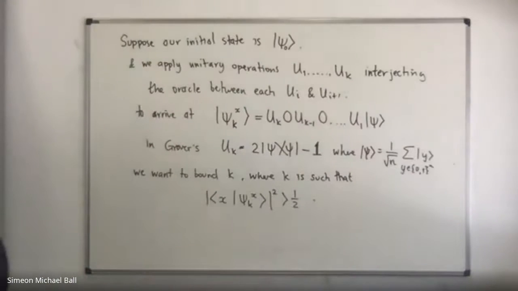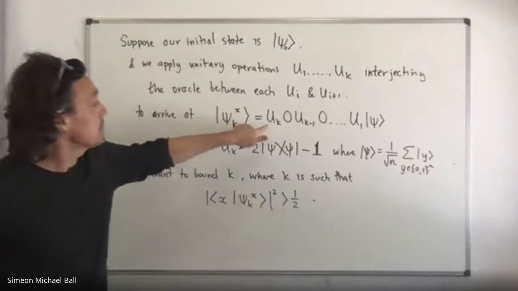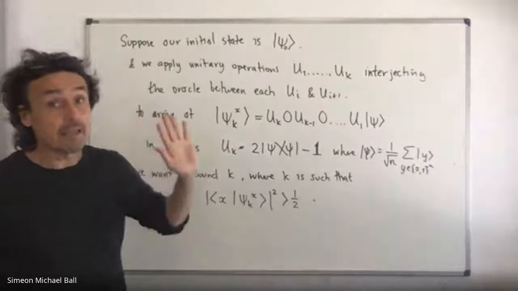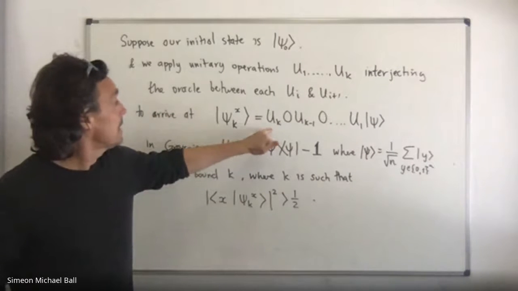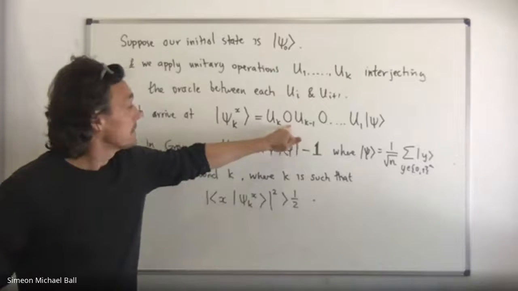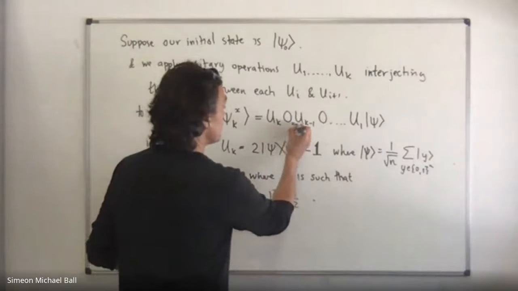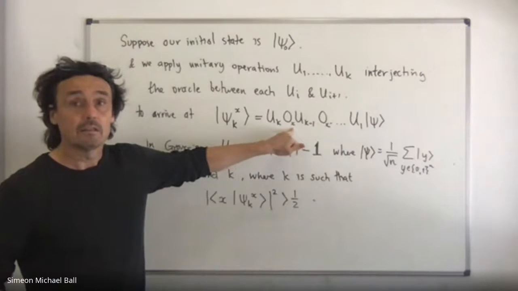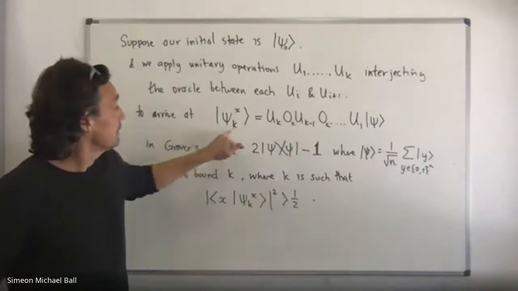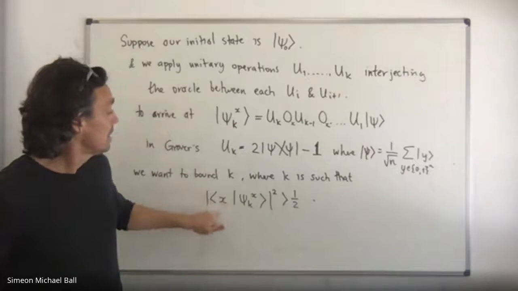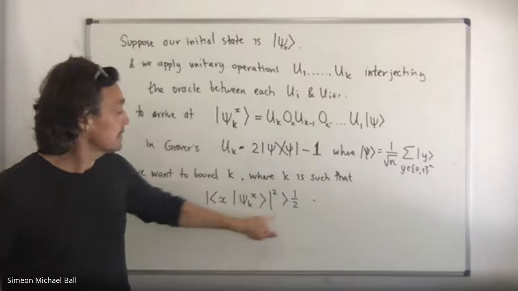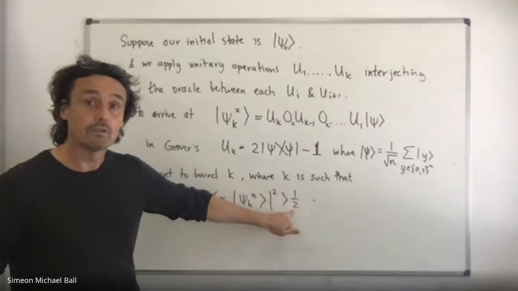Okay, so we've got these U1s and UKs, and we could choose anywhere we like. They don't depend on x, but the oracle depends on x. So that depends in such a way that we can then get to a state phi_k^x that when we measure with respect to the computational basis, we get x with probability greater than half.